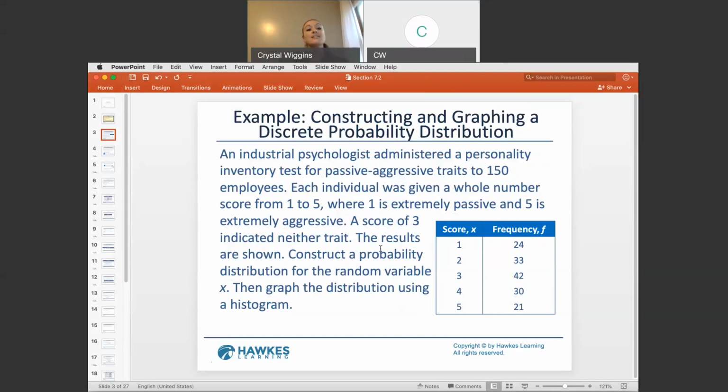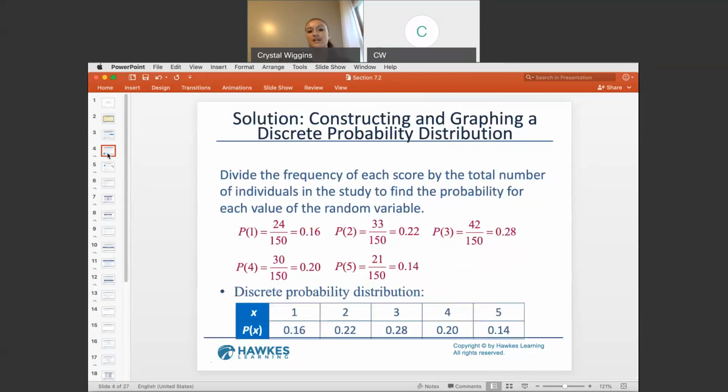So let's take a look at what it would look like to build a probability distribution from this data. You would take the count of employees that were labeled a 1, very passive, over the total number of employees tested to get the probability that the next randomly selected employee will be labeled a 1, which is a 16% chance.